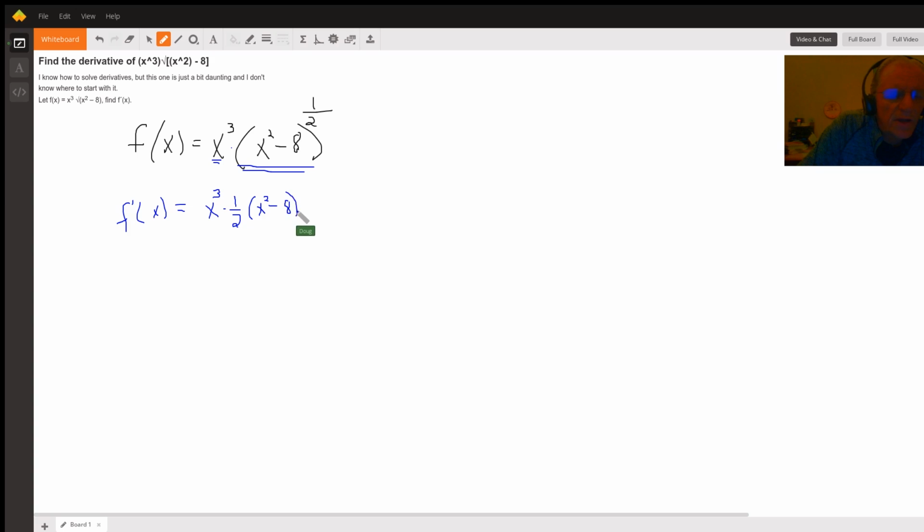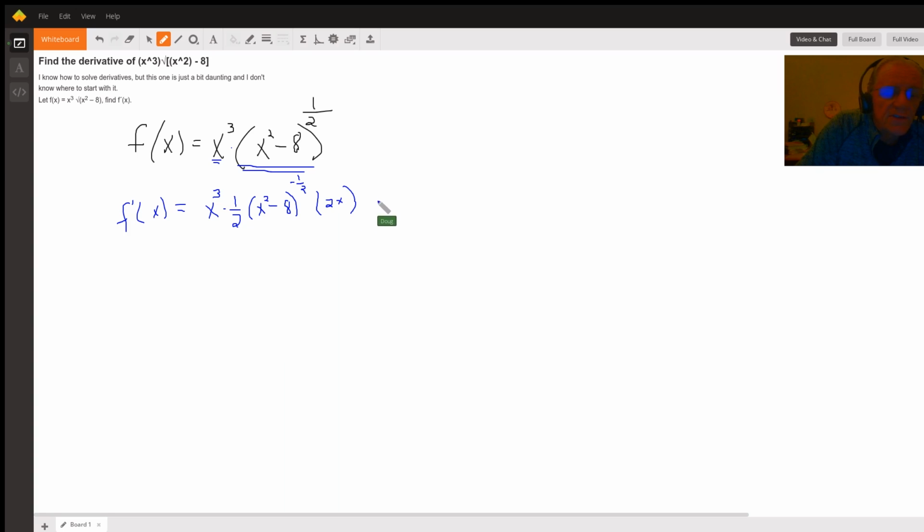Reduce the exponent by 1. And then multiply by the derivative of the inside function, which is 2x. So there's the first part of applying the product rule.